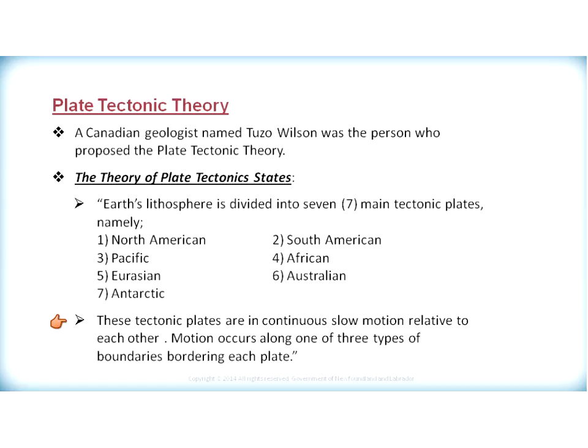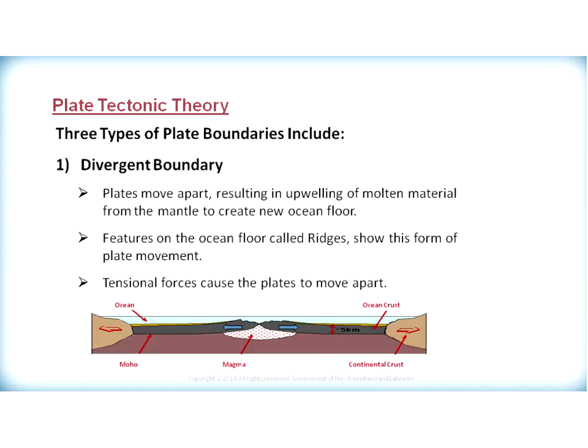These plates are in continuous slow motion relative to each other, and the motion occurs along one of 3 different boundaries bordering each tectonic plate. So in conclusion, Wilson's theory of plate tectonics says the Earth's lithosphere is divided into 7 major plates, and at the edge of each plate you will find one of 3 different types of plate boundaries.